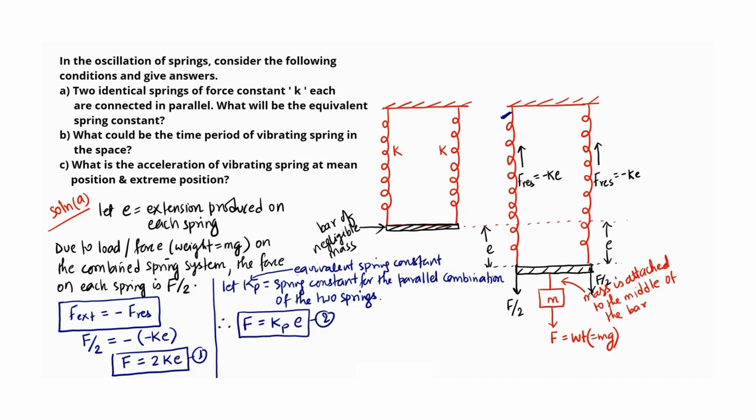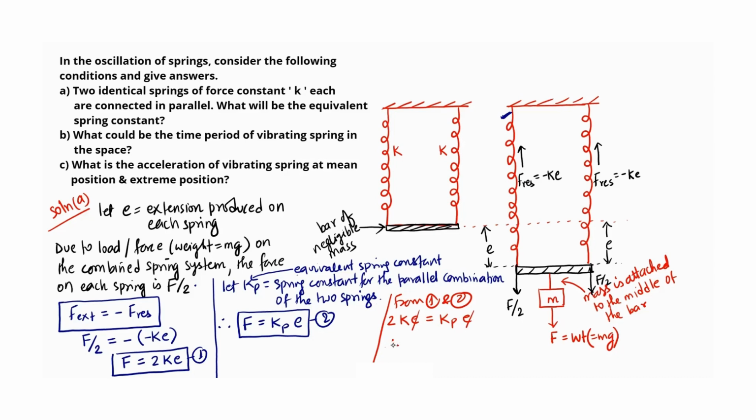Now, we find from 1 and 2, 2 times KE equals Kp times E. So E cancels out.